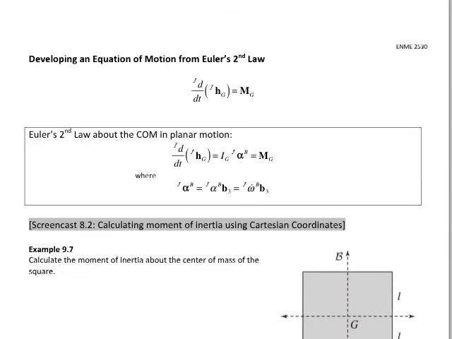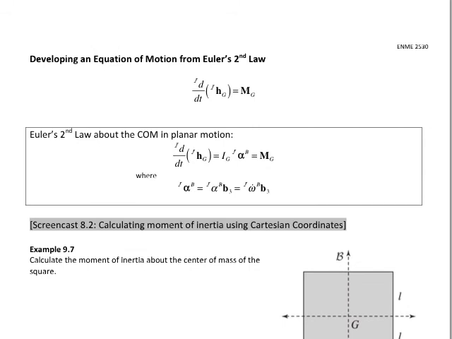So now we've identified how to quantify the angular momentum of a rigid body. And when we insert this into Euler's second law, we now have an expression where we're taking the time derivative of the angular momentum, and when we do this, we have the time derivative, as observed in the inertial reference frame, of the scalar mass moment of inertia about the center of mass multiplied times omega b as observed in I. And when we do this, we'll get the expression I alpha, b as observed in I, and that's an angular acceleration vector.